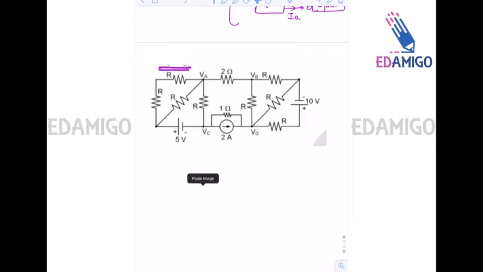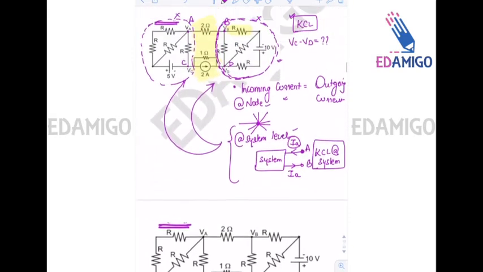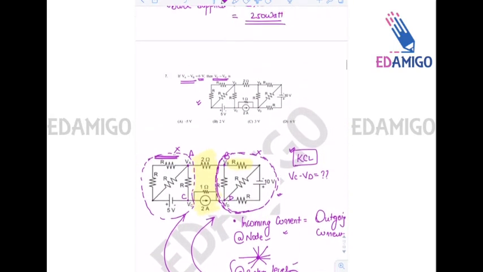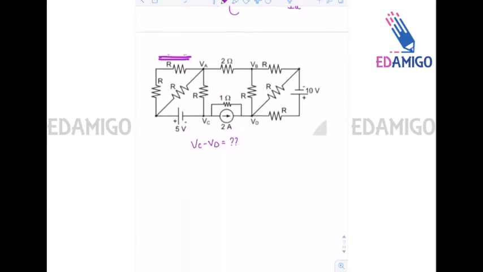So the concept is, we have to find VC minus VD. That's the question. And one more piece of information is given to me, that VA minus VB is 6 volt. So the current here is 3 ampere.